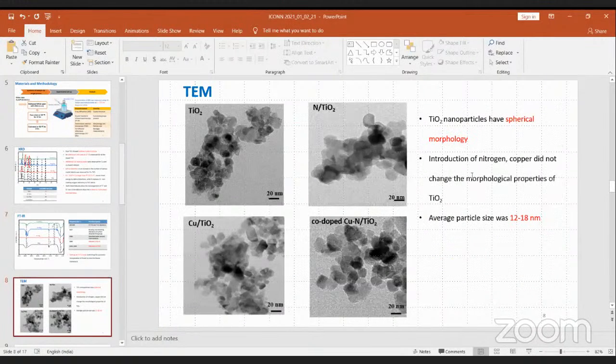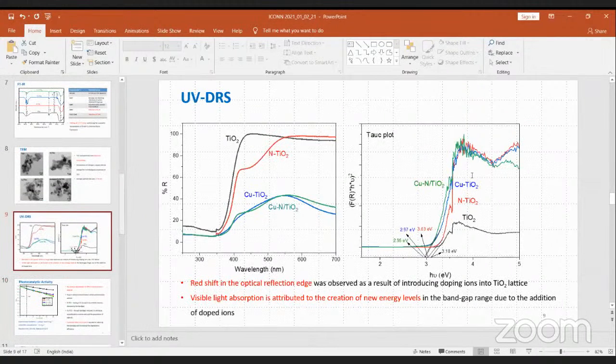Coming to the TEM images, all the particles are of spherical morphology with average particle size of 12 to 18 nanometers. Then UVDRS spectrophotometry was performed to measure the band gap of the catalyst, and it was observed that a red shift in the optical reflection edge as a result of introducing doping ions into the TiO2 lattice.